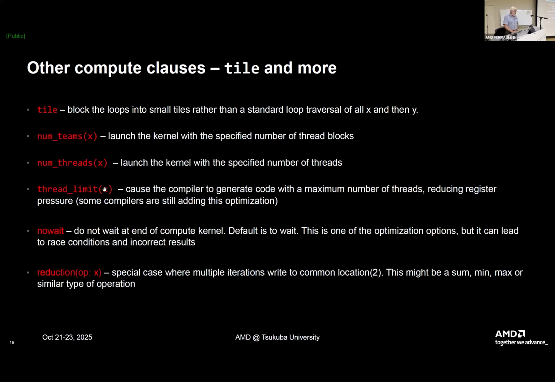The ones that are most common, though, are the num threads and thread limit. And that's because we can reduce the work group size. That gives us more vector registers to work with, or more shared memory on the GPU for the threads to work with. And you'll hear this terminology that I've got memory pressure or vector register pressure. GPUs were really designed to put triangles on the screen.